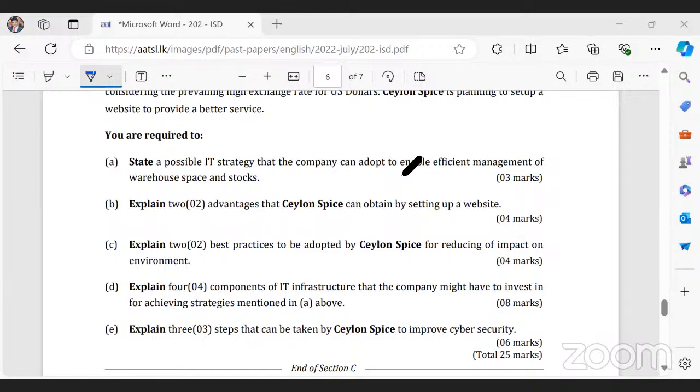If they are implementing some practices like automation, definitely they have to invest in hardware like barcode readers, RFID readers, and thermal printers, those needed in the context of automation.